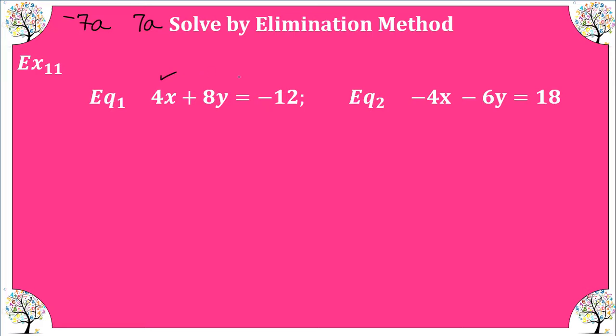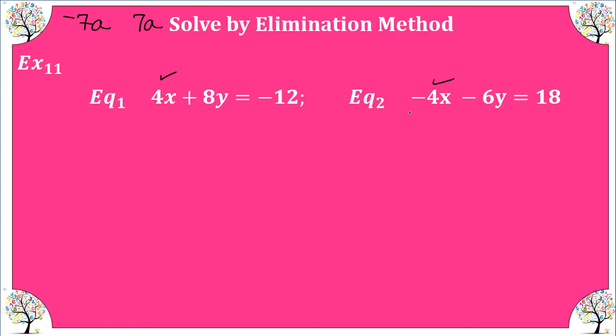Notice that my 4x and negative 4x are opposites. So the idea is we're going to combine these two equations. We're going to add them together so that one of the variables, either the x's or the y's, are eliminated, leaving us with one type of variable.